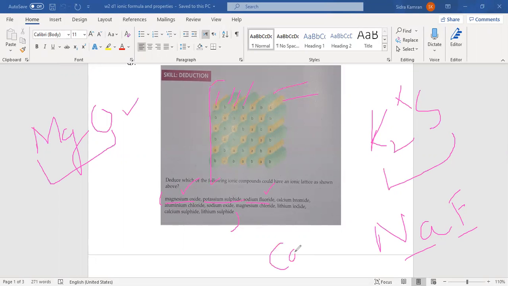In calcium bromide, it is CaBr2, because calcium has a 2 plus valency and bromide has a 1 minus. So that's why here too, this will not be the answer. So in this way, you have to choose which ionic compounds have this lattice structure.